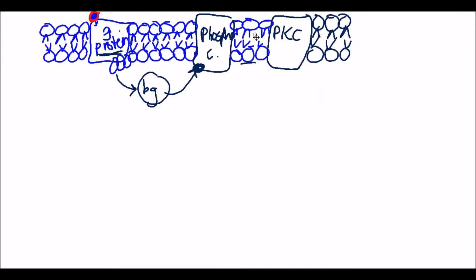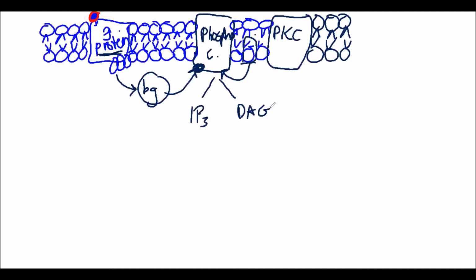So it's going to pull one of these phospholipids out and use it, and it's going to break this phospholipid into IP3 and DAG. It's starting to resemble a lot of this G protein coupled receptor from what you learned earlier.